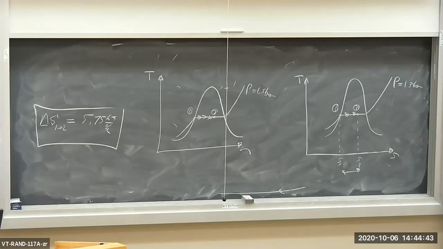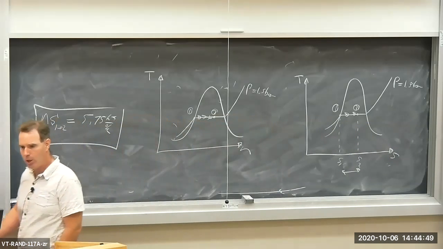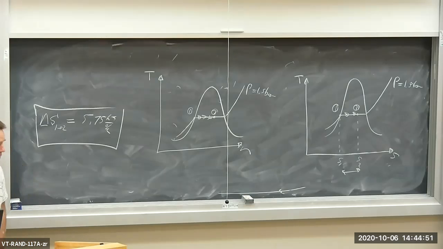The dome looks exactly the same, qualitatively the same as the TV diagram, okay? So I do want to point that out. As we do these problems, we're going to start putting up TS diagrams as opposed to TV or PV diagrams so that we can keep track of the processes.